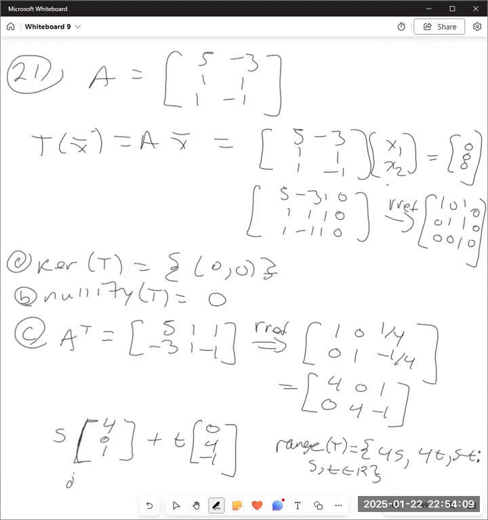So the rank of T is going to be equal to the dim of the range of T, which is going to be 2, because there's two parameters, s and t there.